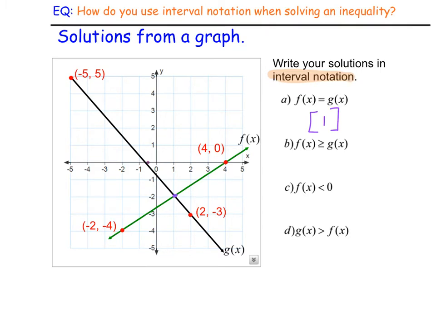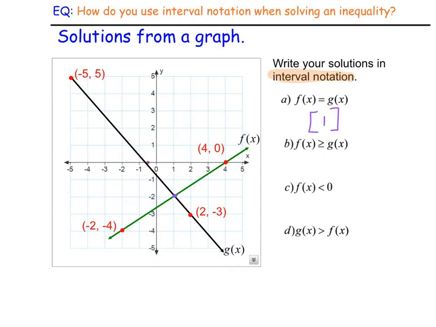This next one is saying, where is the y value of f greater than or equal to the y value of g? When I think about this, since y is the vertical component of the line, where is the line f higher than or equal to line g?